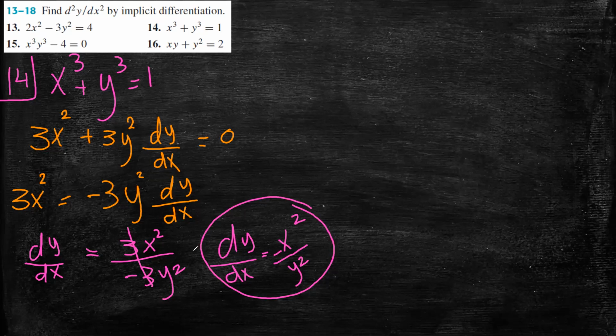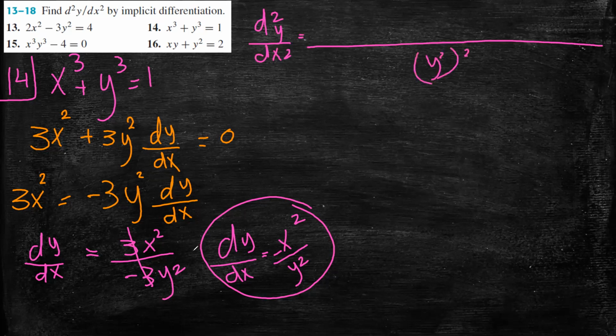The second step, we have to find the second derivation. Y squared raised to the power 2, which is g. Then let's assume that this is f and this is g. So g times f prime.